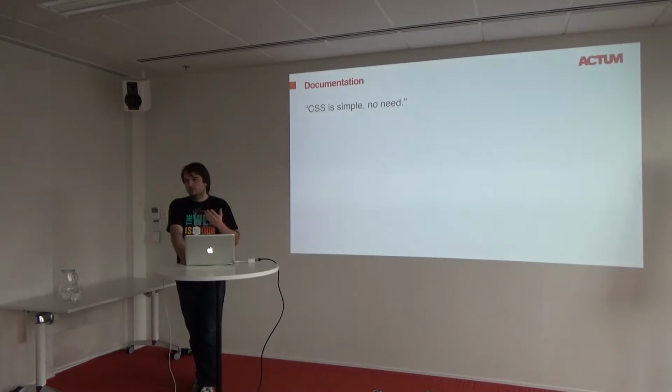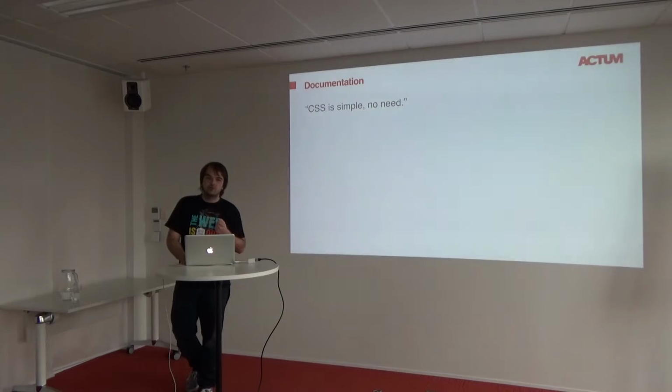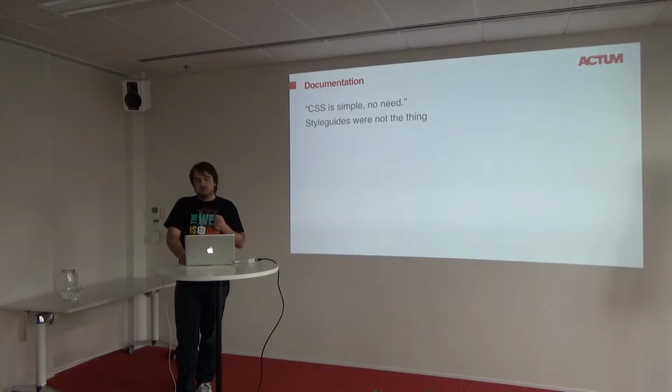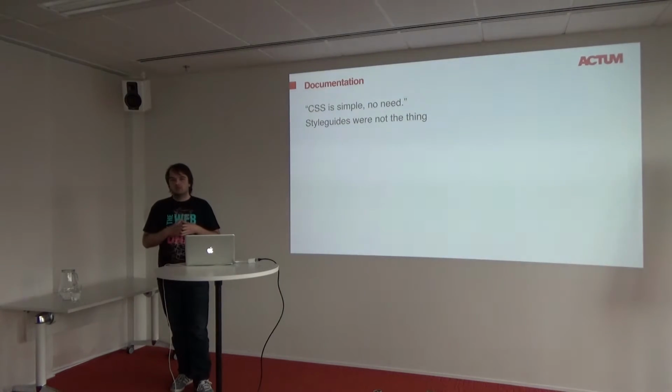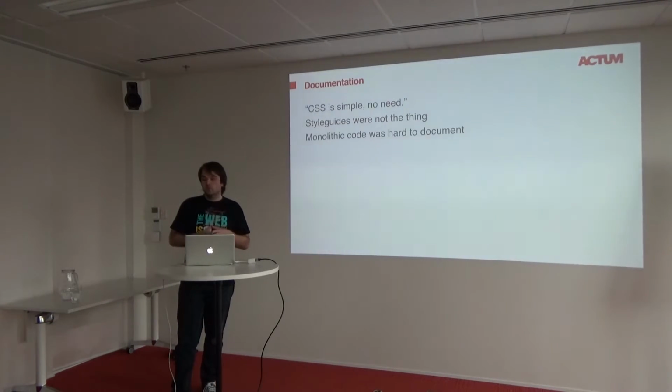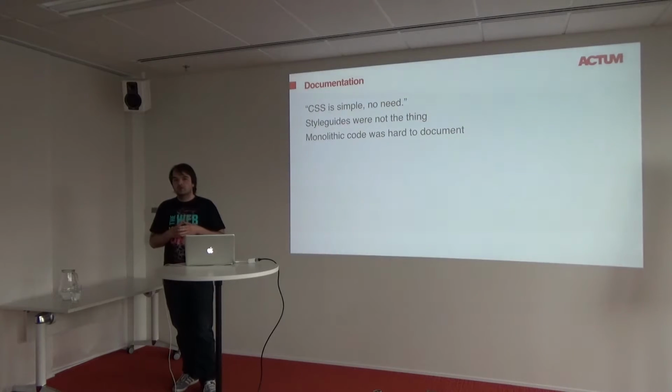Okay. Now our fourth pillar of reusable and scalable CSS, documentation. Well, CSS is simple, right? No need to document it. Style guides were not a thing back then. We had no tools for generating style guides, for generating proper documentation. And most importantly, our monolithic bloated code was hard to document.